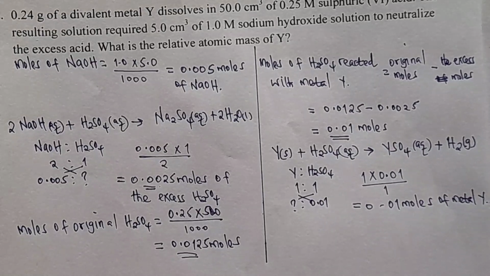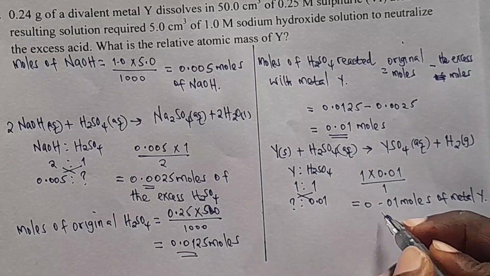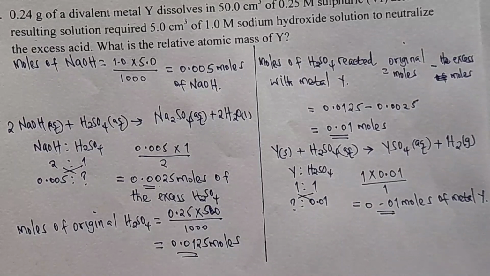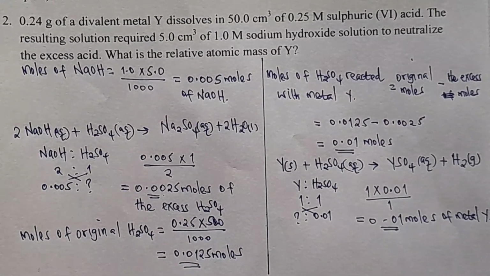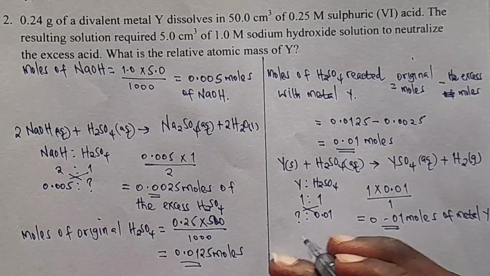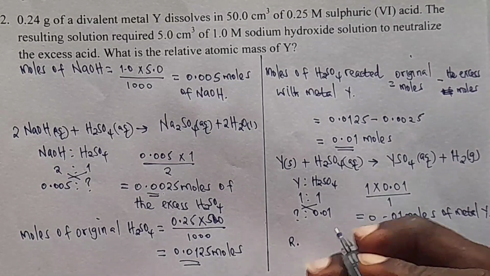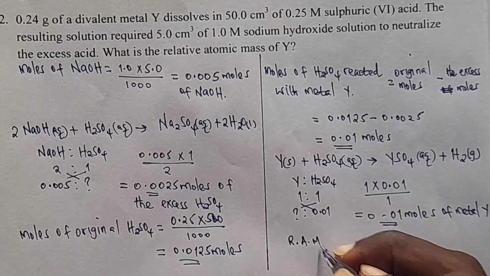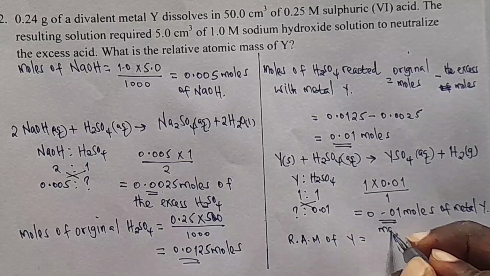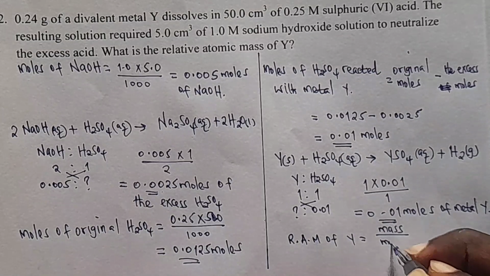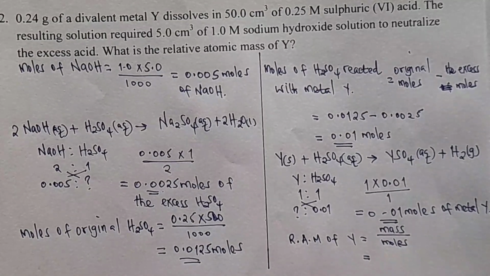So next, we have to get the RAM, the relative atomic mass of Y. RAM is just like the molar mass, and molar mass is given by the formula mass over moles. So RAM of Y will be equal to mass over moles. The mass is given in the question.